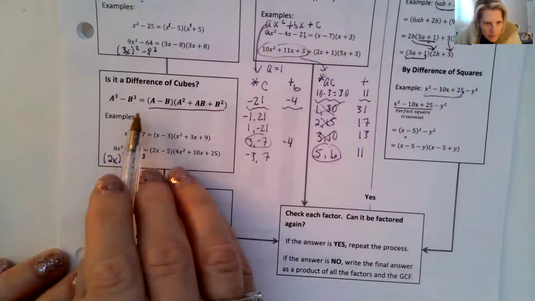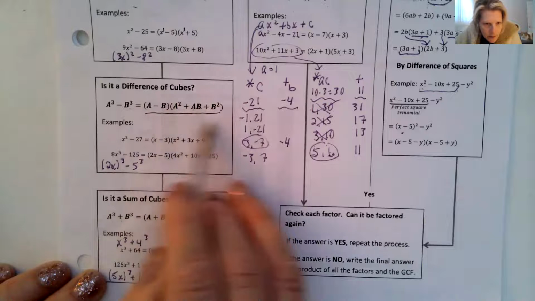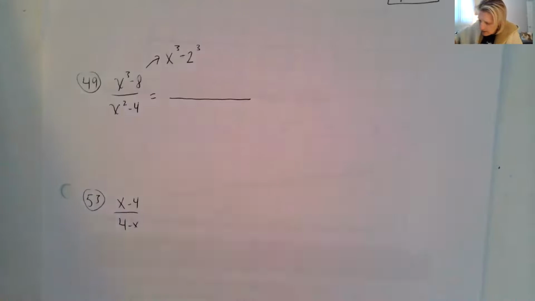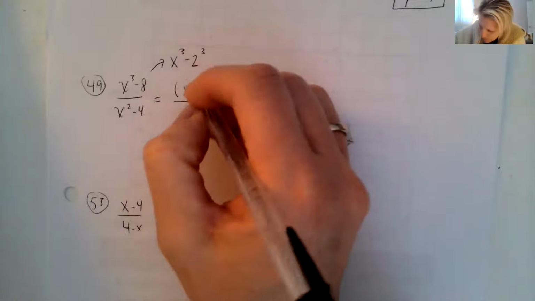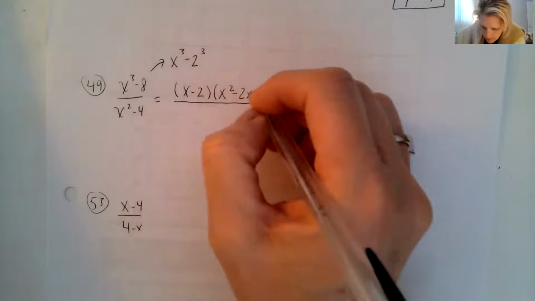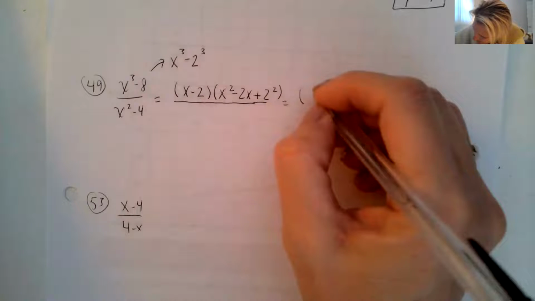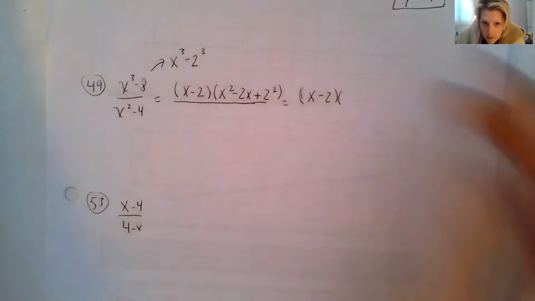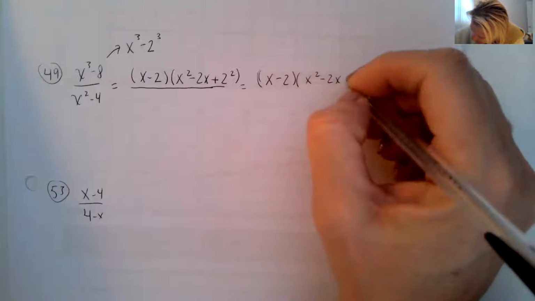And our factoring flow chart right here is going to be a minus b times a squared plus ab plus b squared. We're using this one. It's a difference of 2 cubes. So for us, a and b are x and 2. So we have x minus 2 and then x squared minus 2x plus 2 squared. And so that's x minus 2, x squared minus 2x plus 4.